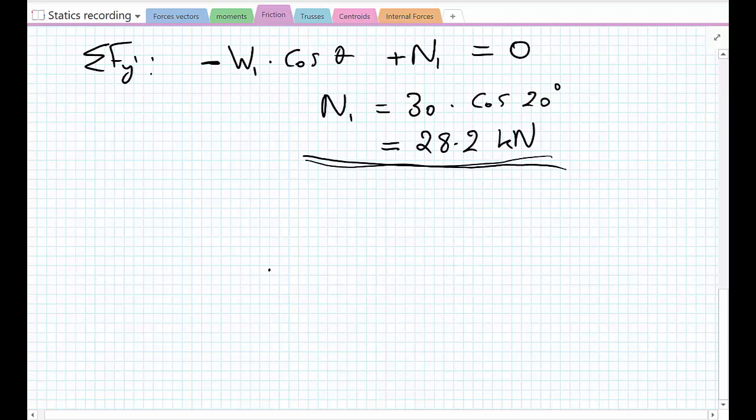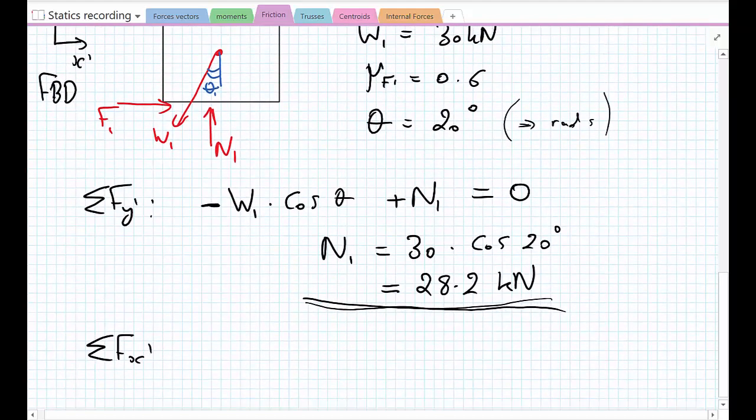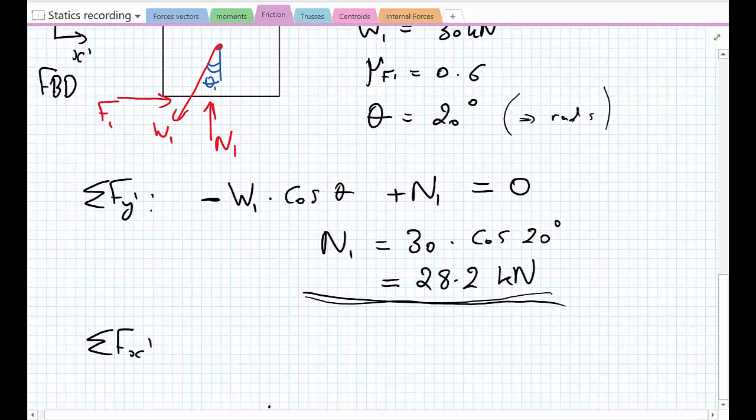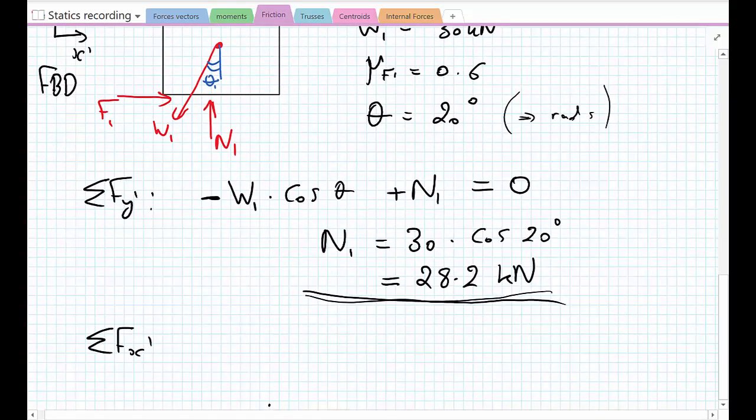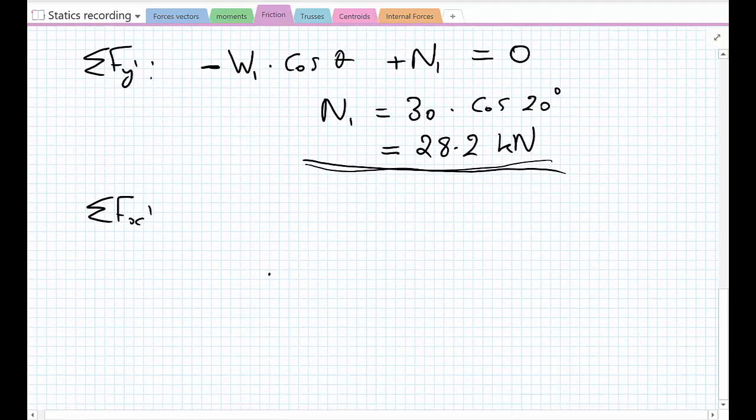We're going to use this result later, so we'll double underline it. Now we'll take the sum of the forces in the x dash direction. So let's remind ourselves of the free body diagram. So we have F1 pointing in the positive x dash direction and a component of W1 in the negative x dash direction.